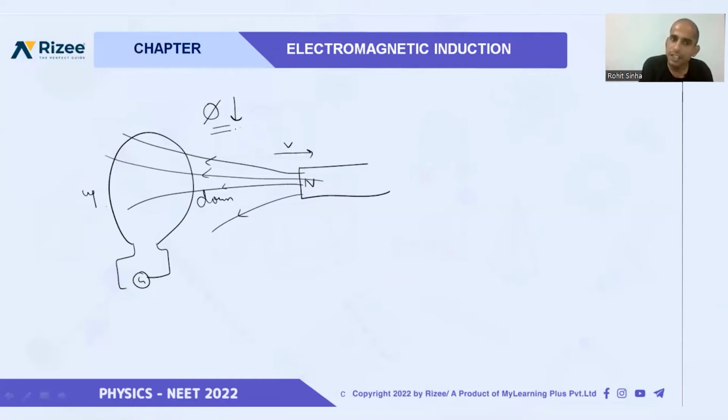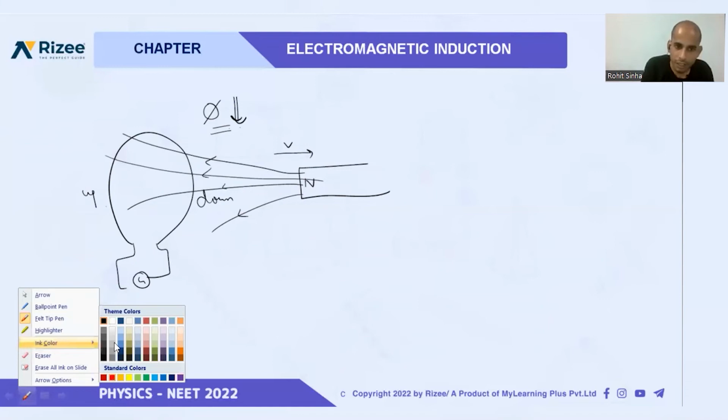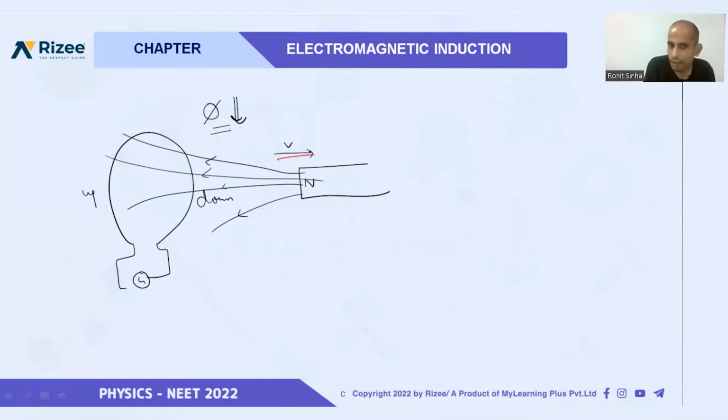If flux is increasing, it will try to decrease it. Since the flux is decreasing here because the magnet is going back, the current will be produced in such a way that the magnetic field will be in this direction only, so that it will support it.